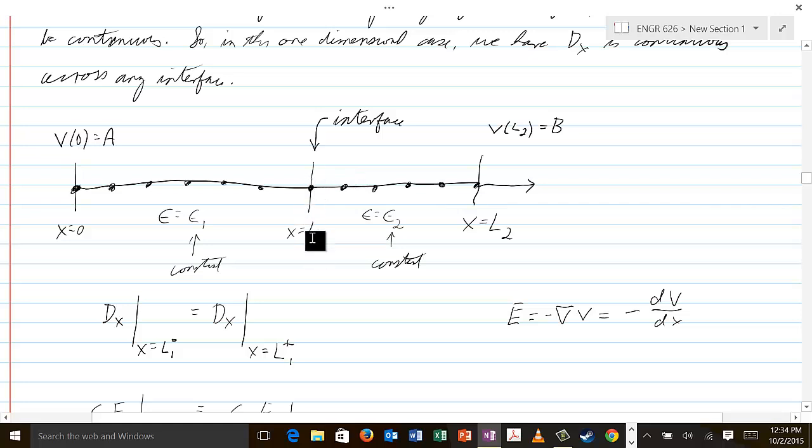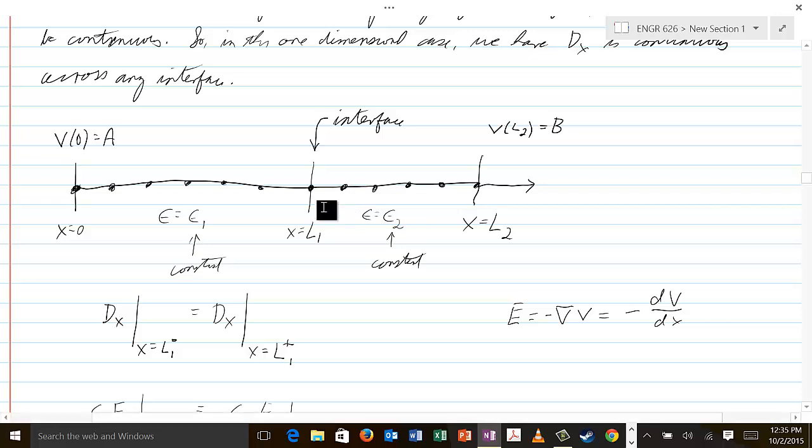But here at some interior point, x equals L1, we have a break. From x equals 0 to x equals L1, epsilon is constant and equal to the value epsilon 1. But from x equals L1 to x equals L2, epsilon is constant and equal to epsilon 2. And epsilon 2 here is different from epsilon 1.